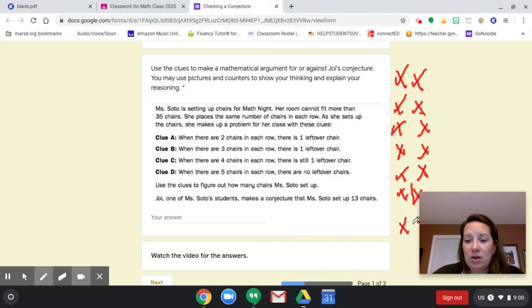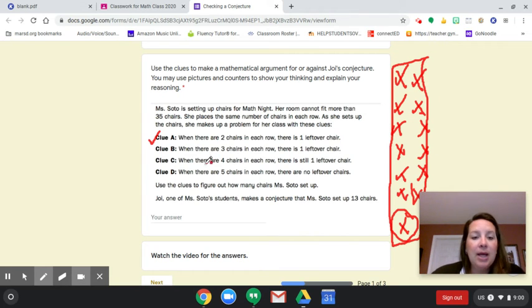Oh, look, there's one left over. So does it match clue A? Yes, it does. I'm going to put a check mark. I'm going to put a box around this since we did this.